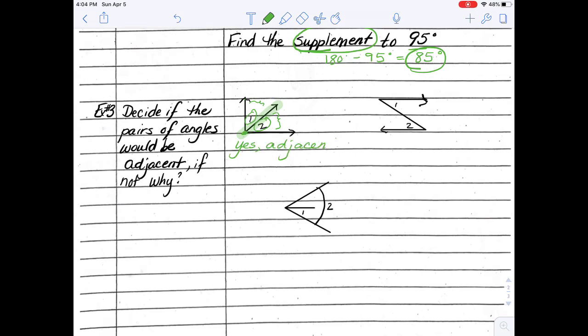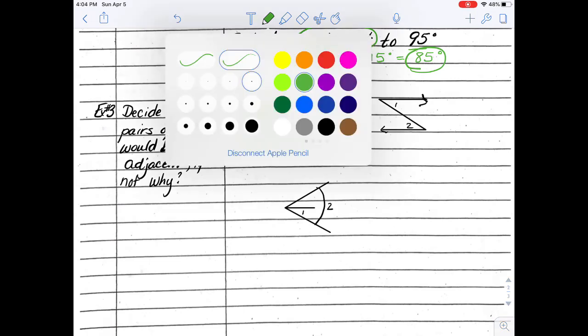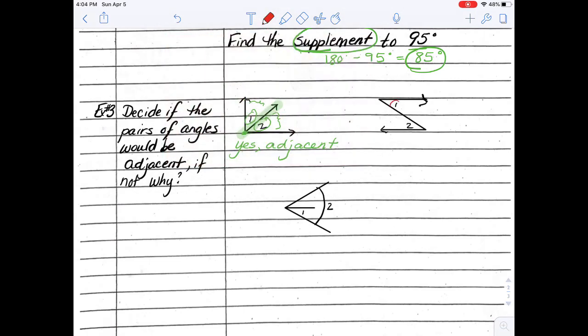Let's look at the second one over here. Now over here I've got angle 1 and angle 2. Are those adjacent angles? I'm hoping you would tell me no. And why? I need to know why they don't. Well, look at that vertex here and a vertex here. Are they sharing the vertex? No common vertex.